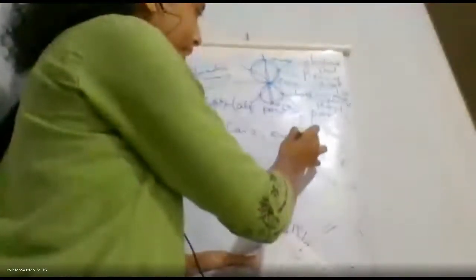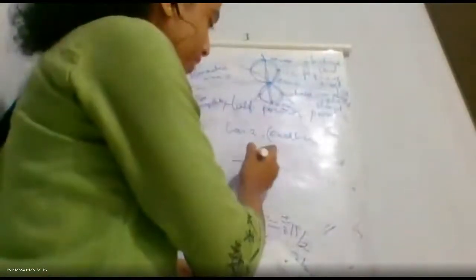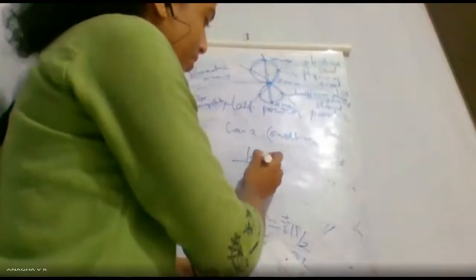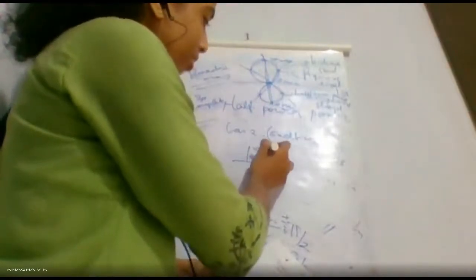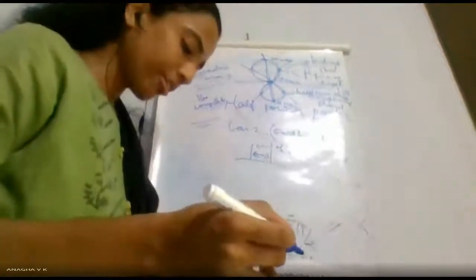Since point source 1 is out of phase to point source 2. So here this is point source 1, this is point source 2. So these are out of phase.